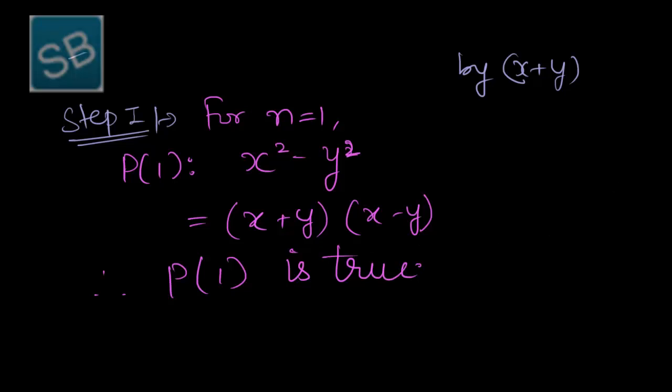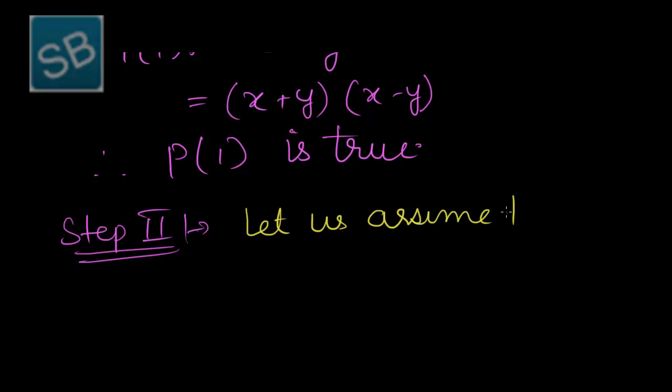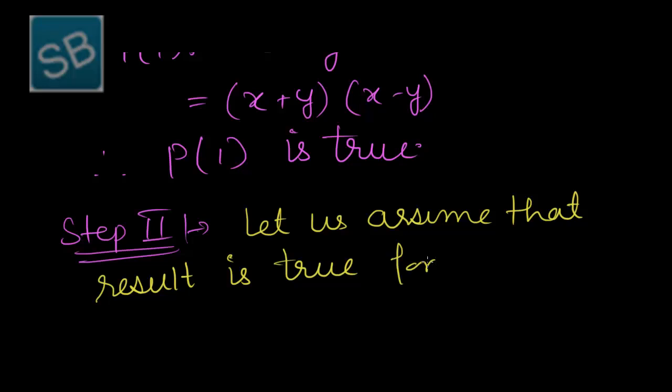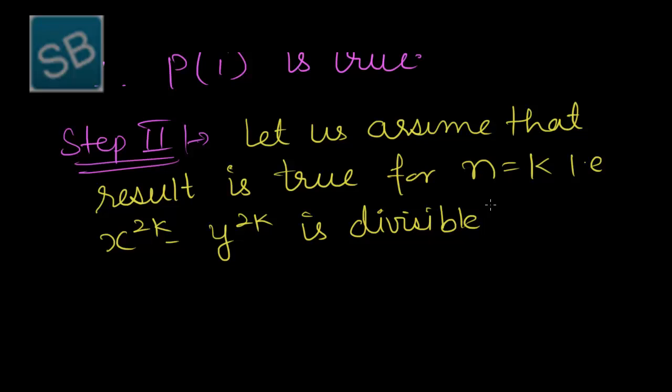Now we will proceed further in step 2 for n is equal to k. Let us assume that the result is true for n is equal to k. That is, x raised to power 2k minus y raised to power 2k is divisible by x plus y.